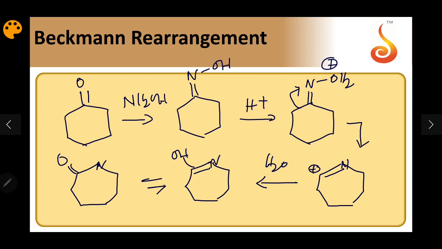Double bond ONH. This is nothing but caprolactam, which is used in production of nylon 6. So Beckmann rearrangement is one of the important rearrangements we should know in aldehydes and ketones.